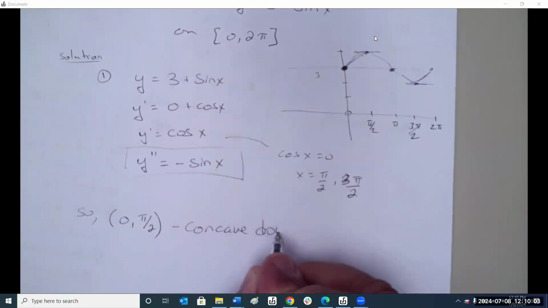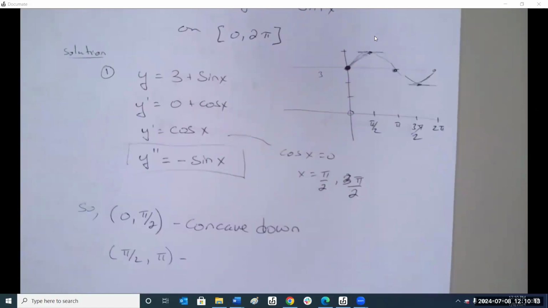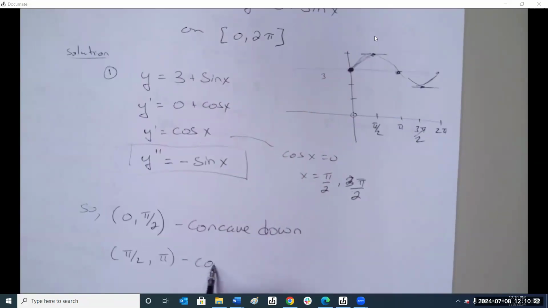Very good. Then we have from pi over 2 to pi, what's happening there? Concave down.